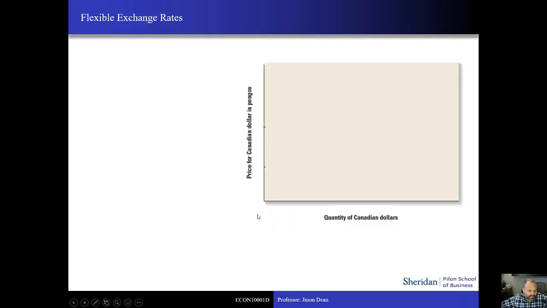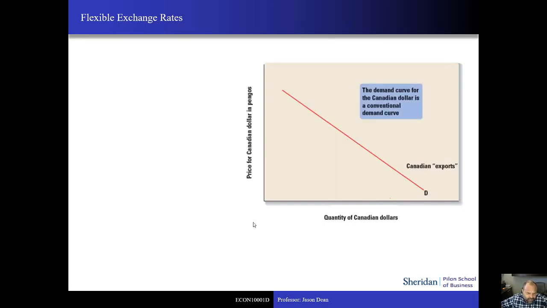So let's look at a foreign exchange market. We're going to use a supply and demand framework, and so we're going to look at the quantity of Canadian dollars on the horizontal axis and the price for Canadian dollars in pangos on the vertical axis. In this particular example, we're talking about a fictitious currency in a foreign country called pango.